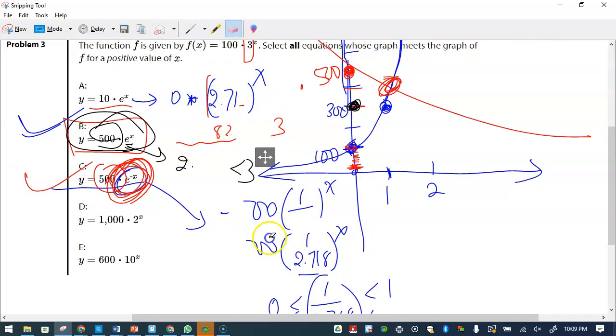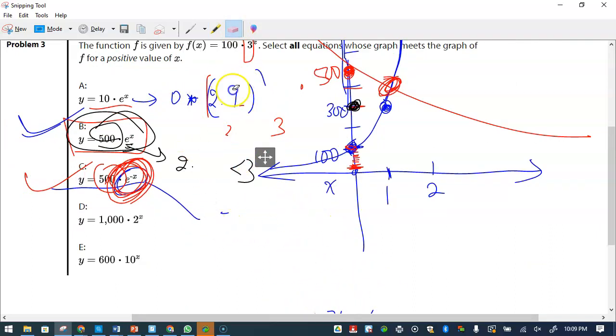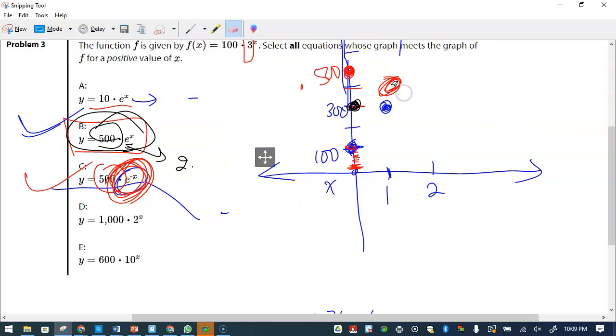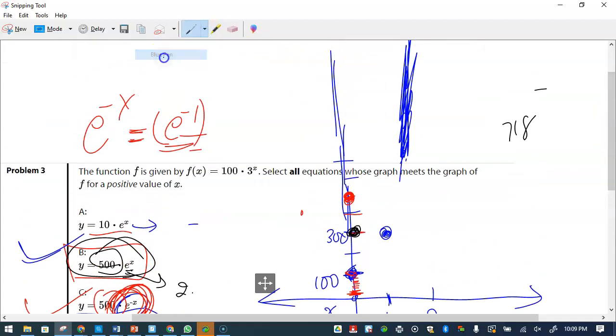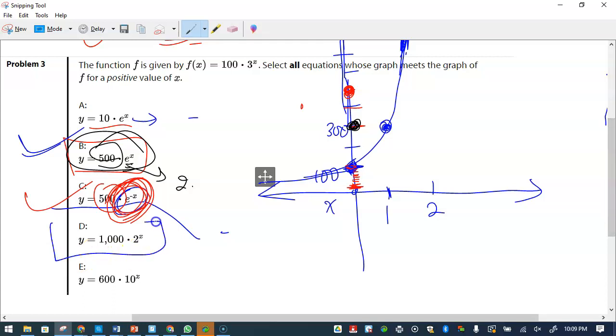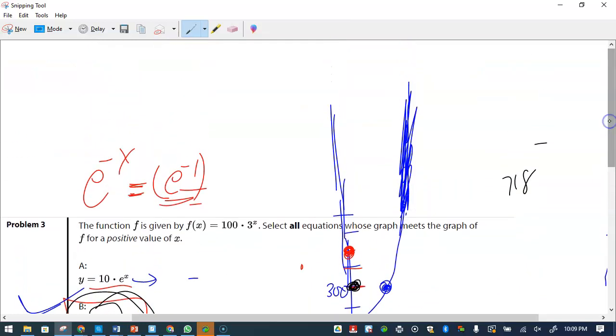And finally, what about the next part? Now let's see what about this? Again, the same story. It starts at 1,000 no matter what. If it is 300, 400, 500, 600, 700, 800, 900, 1,000, it starts here.